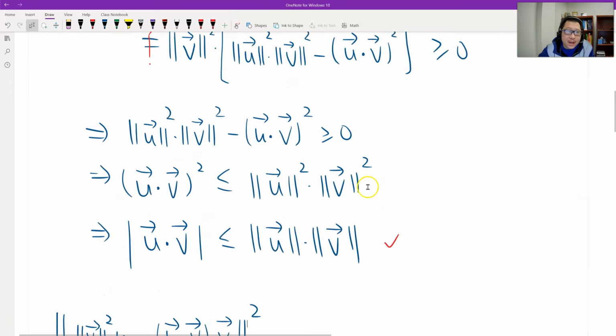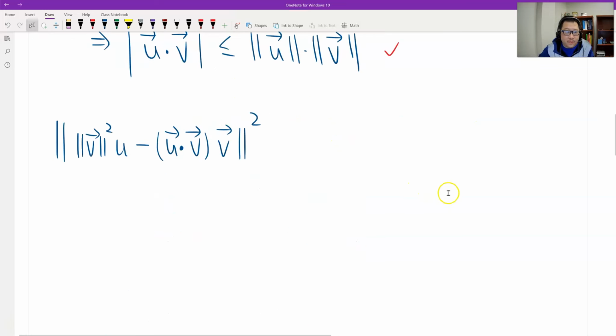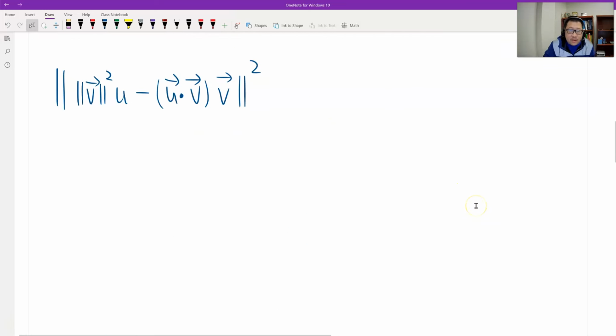So we need to find that the result should be the square of the norm of u times the square of the norm of v, minus this term. If we find it, then we finish the proof. Is this true? All we need is to expand and use this result. Remember, if w is a vector, whatever, and this square, how do we do the calculation?